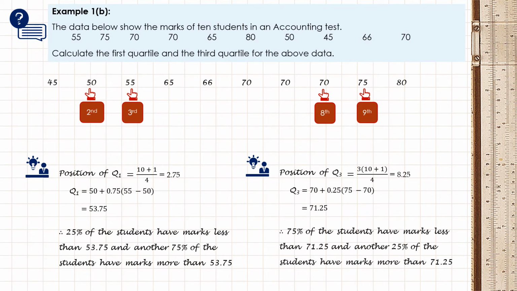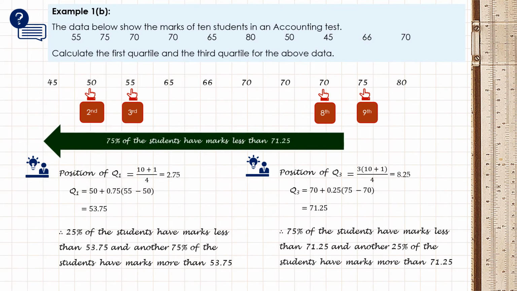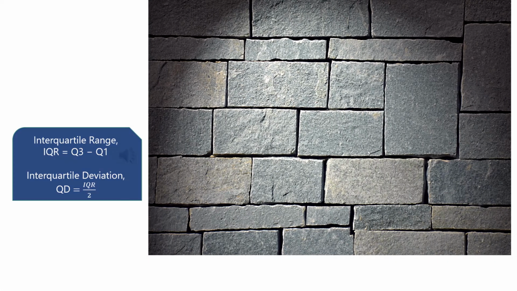This means 75% of the students have marks less than 71.25 and another 25% have marks more than 71.25. The formula of interquartile range, IQR, is third quartile minus first quartile, and the formula for interquartile deviation is IQR divided by 2.